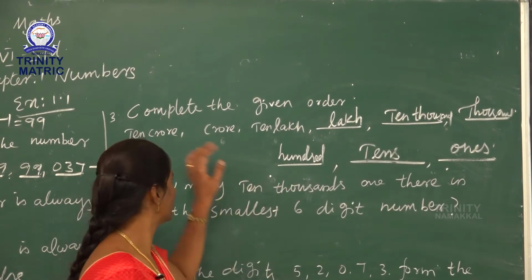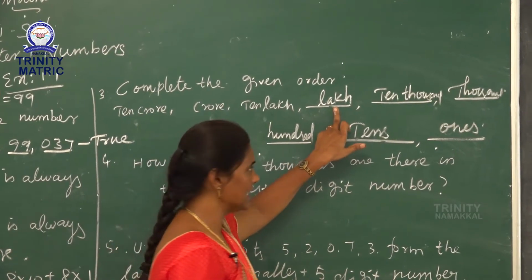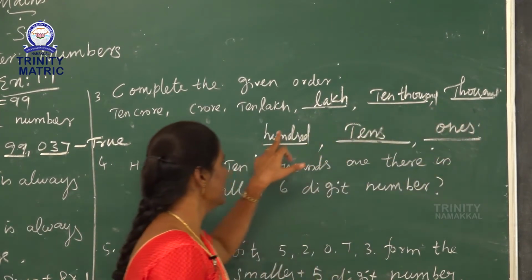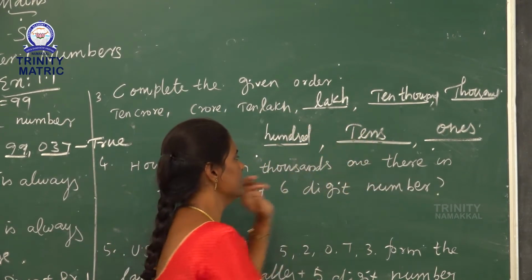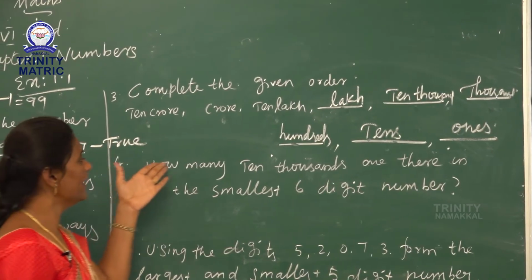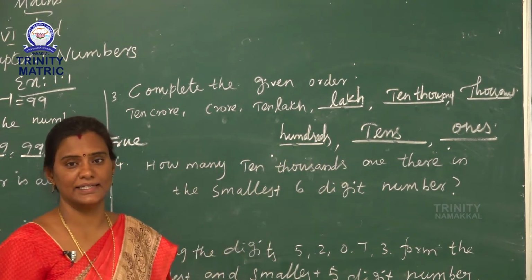See here 10 crore, 10 lakhs, before that lakhs, before that 10,000, then 1,000, hundreds, tens, ones.